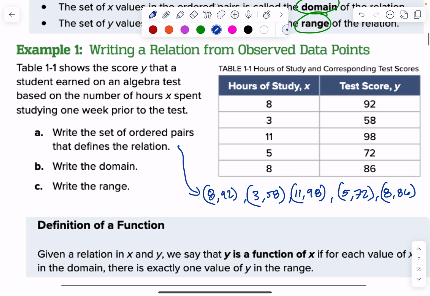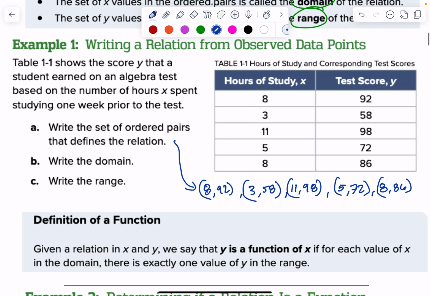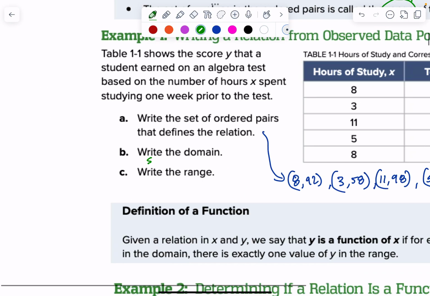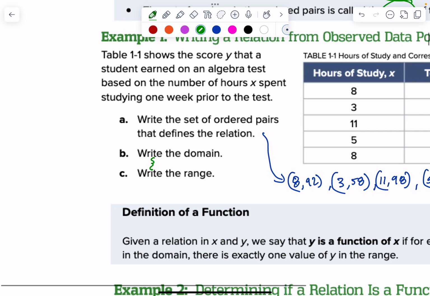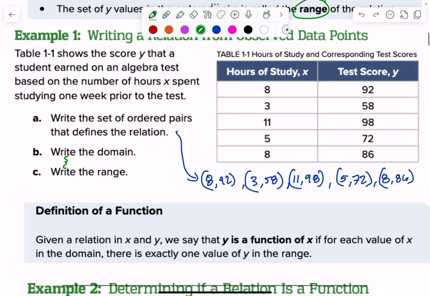The domain is just going to be the x elements. I'm going to do that really small under here, or you can put it off to the side if you want. When I write the domain and the range, I list them in curly brackets like this. The domain is just these elements, and I list them in order, and you don't list the repeats.